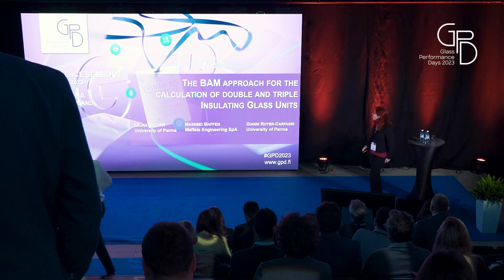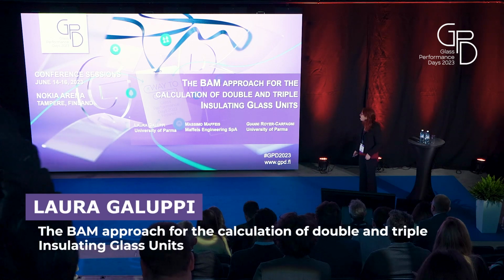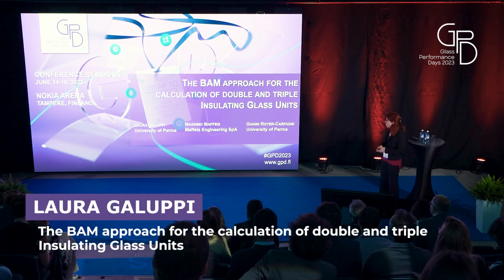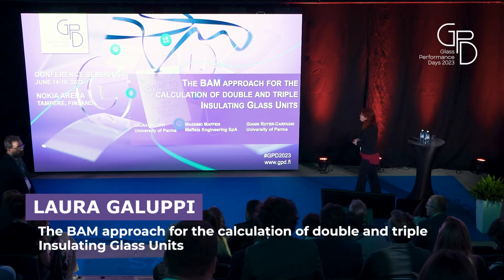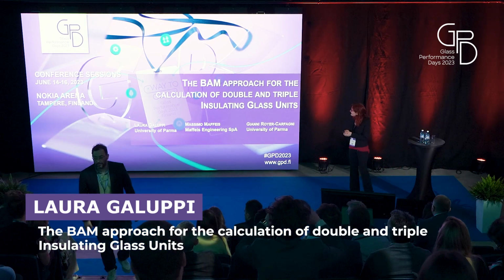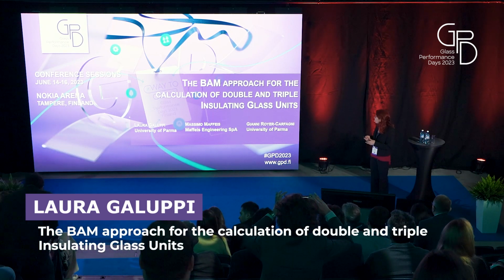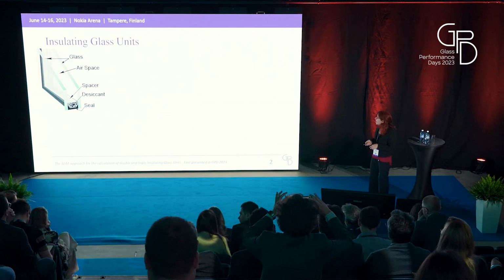Good afternoon to you all. This work I'm going to present is being developed at the University of Parma, Italy, in collaboration with Maffei Engineering. It is a new and innovative calculation method for insulating glass units.